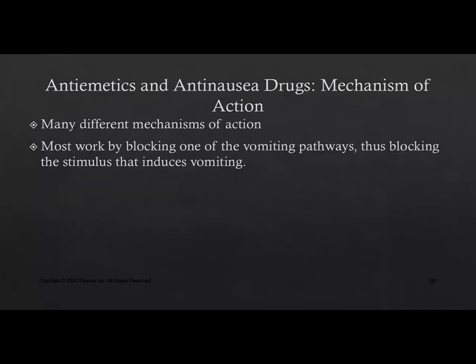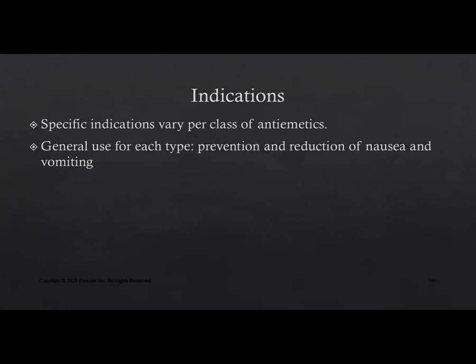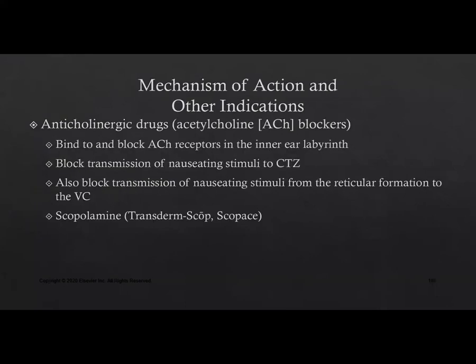They have a lot of different mechanisms of action. Most work by blocking one of the vomiting pathways, thus blocking the stimulus that induces vomiting. Indications vary per class. General use for each type is prevention or reduction of nausea and vomiting.